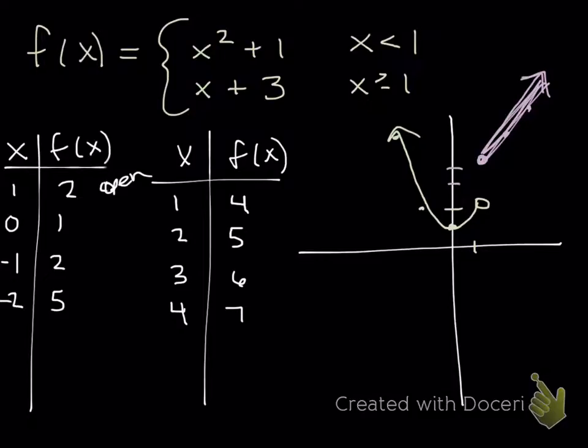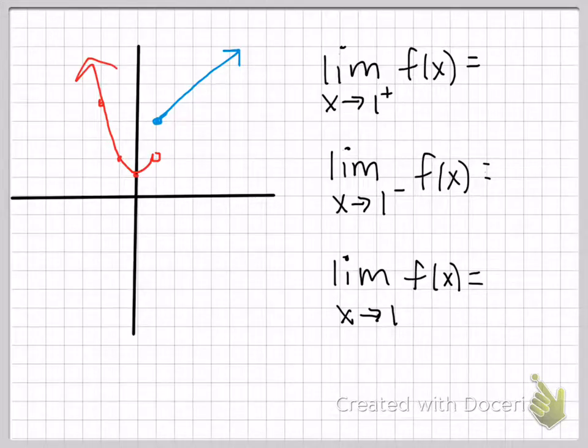I'm going to switch the screen so I have some more room to answer questions about the limit. So I transfer the picture over here. Again, we're going to discuss this idea of the limit. The first one says, as x approaches 1 from the right-hand side. My right-hand side is going to be this top piece.